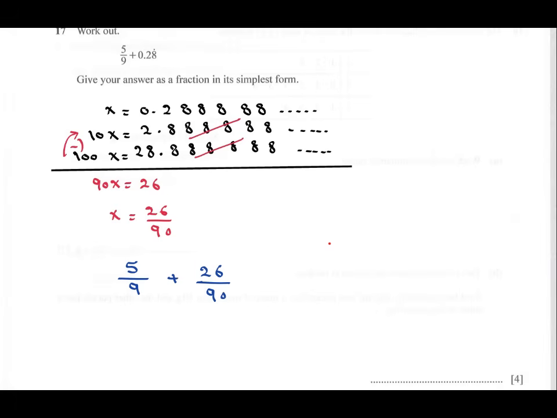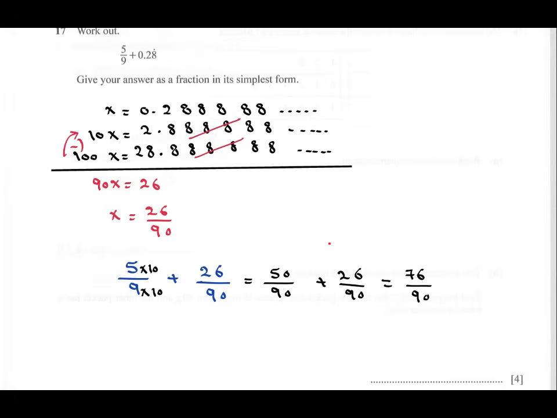We can't add or subtract fractions unless they have a common denominator. It is easy to find the common denominator by multiplying both terms by 10. It will be equal to 50 over 90 plus 26 over 90, which is equal to 76 over 90.